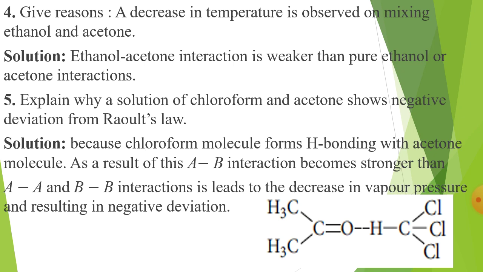Now, when acetone is added to ethanol, the interaction is weaker than in pure ethanol or pure acetone. That's why a decrease in temperature is observed. That is the example of positive deviation, in which delta H is more than 0.